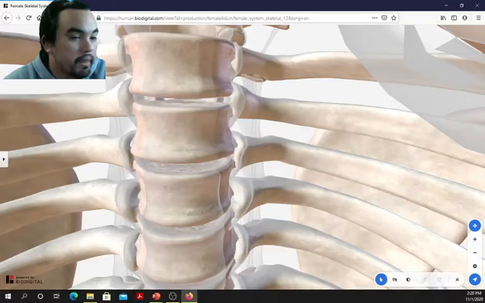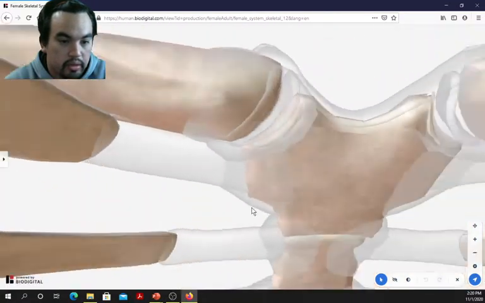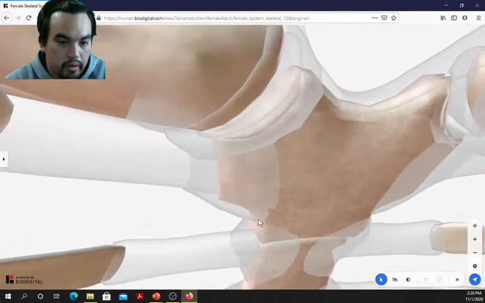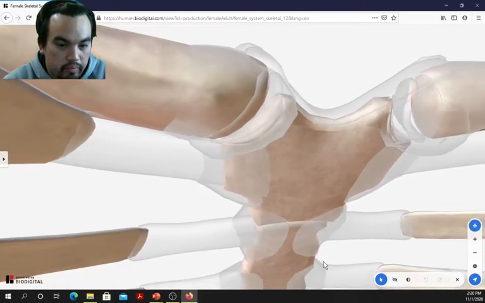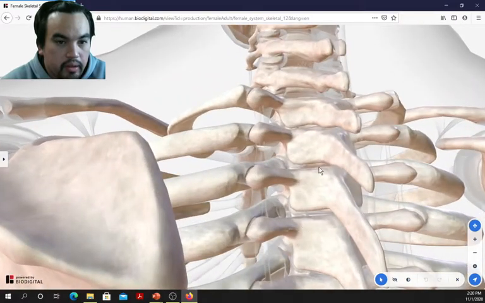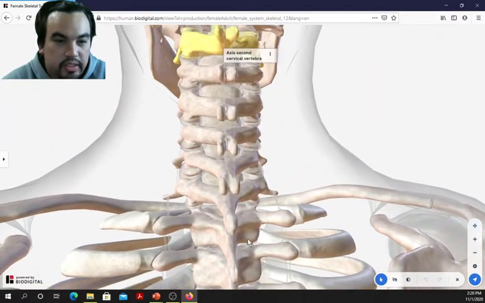So let's look here. I rotate all the way around. There. So you can see here, the facets are on the side.